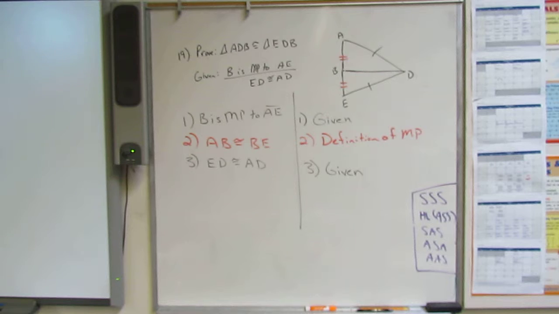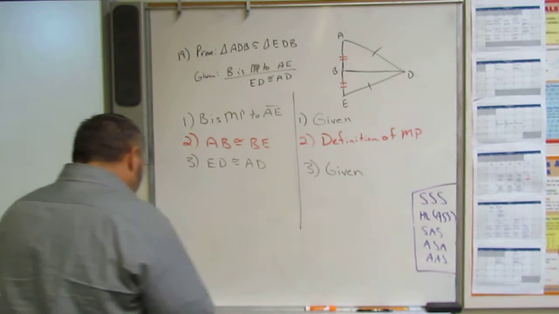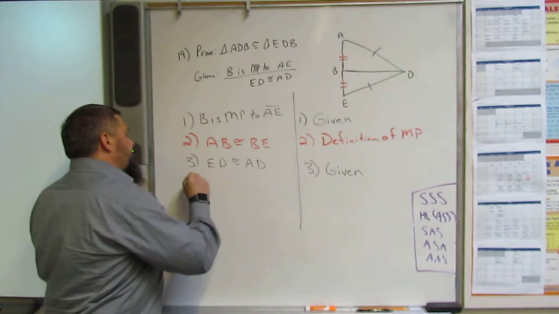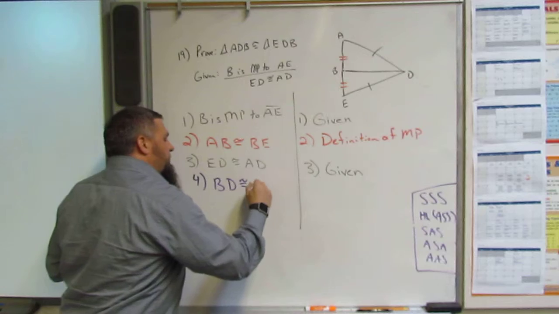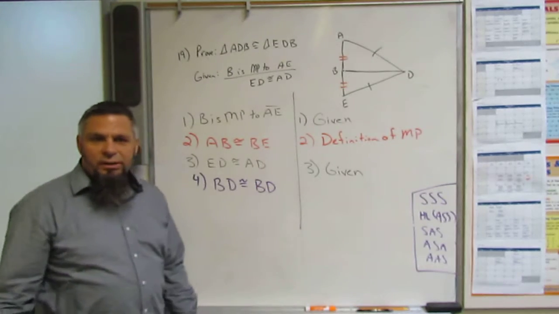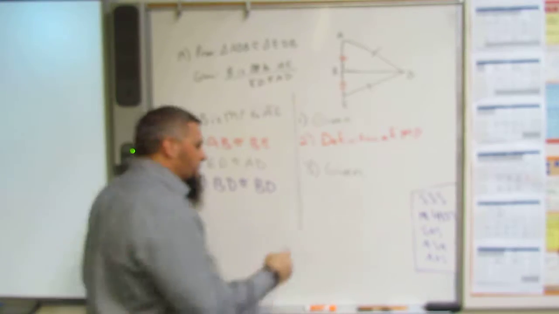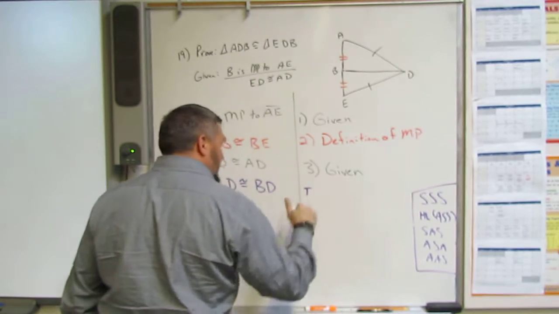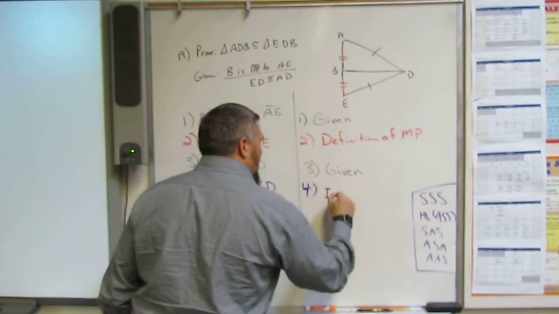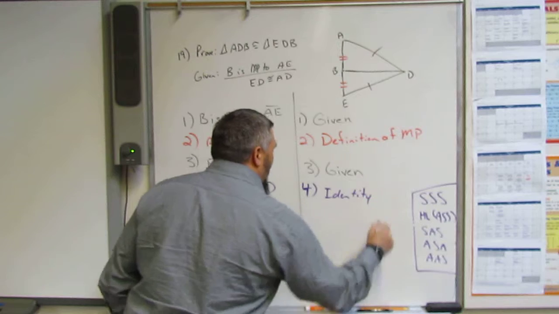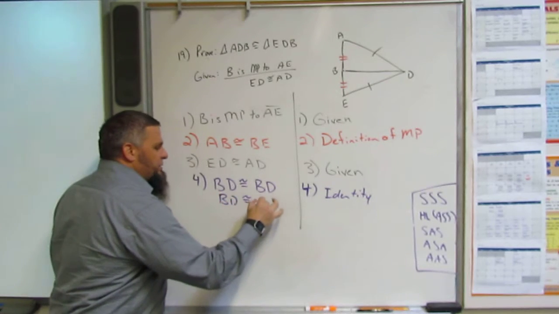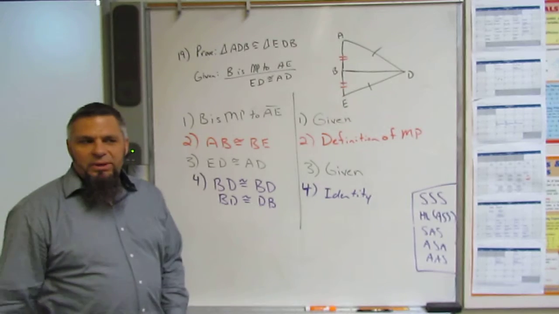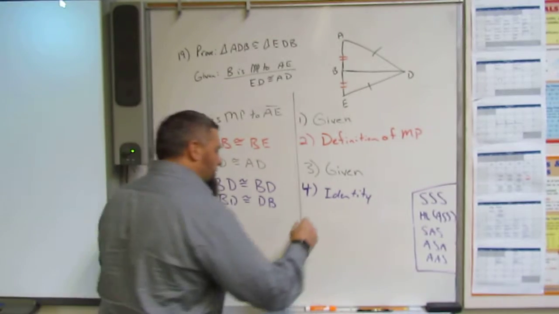Is there anything else? Is there any sharing going on? BD. Okay. That's a good one. BD is congruent to BD, right? Identity. That's number 4. But if I wanted to, I could have also said BD was congruent to DB, and what would that be called?